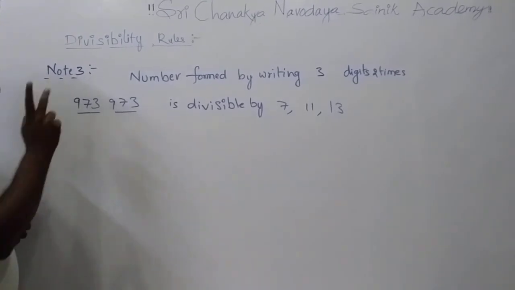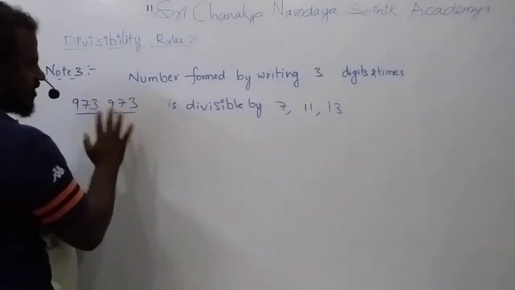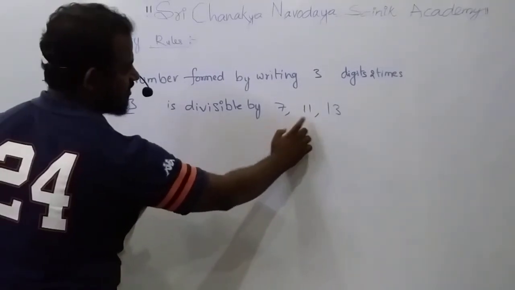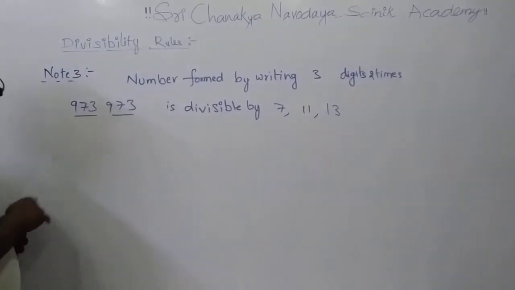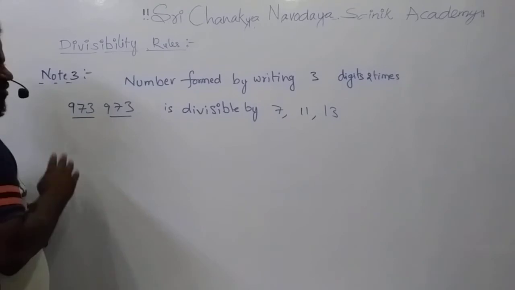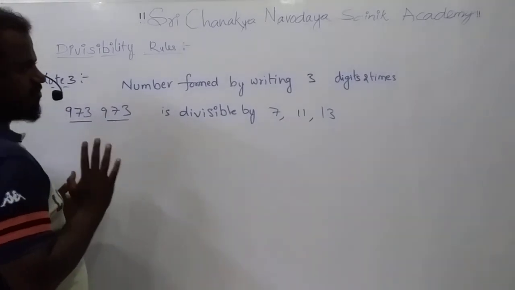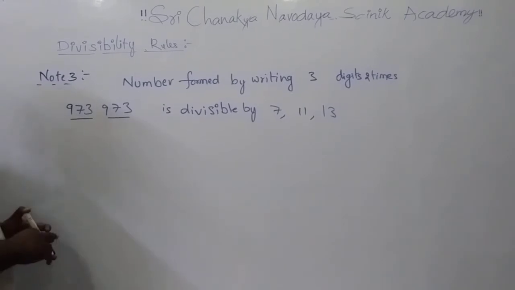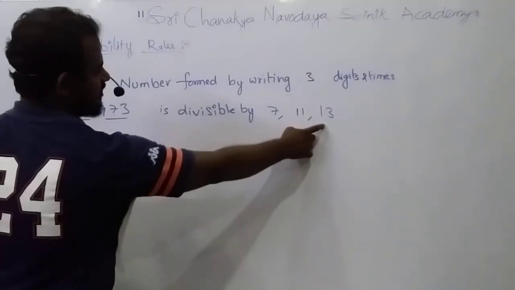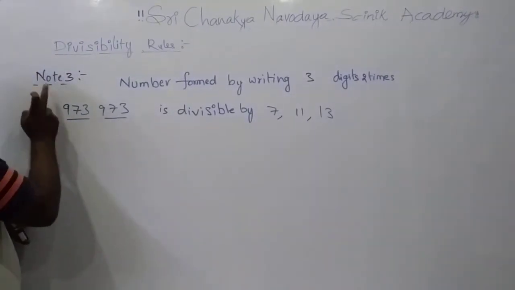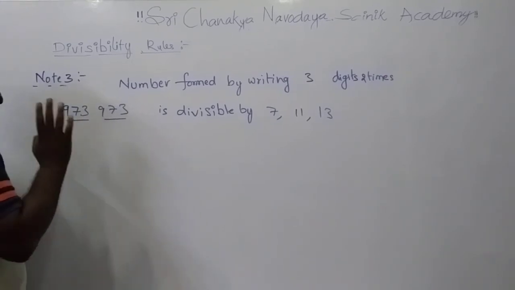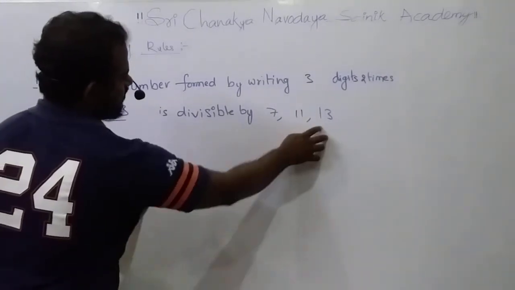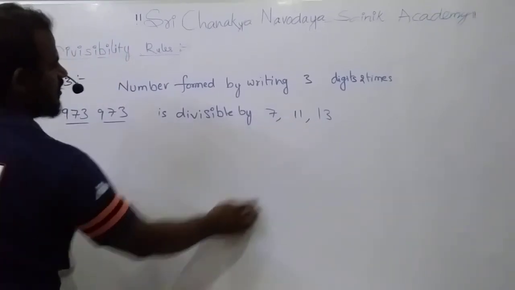Whatever number is formed using note 1 and note 3 is divisible by 7, 11 and 13. Only for note 2, the second important point, numbers formed are divisible by 7 and 13 only. But note 1 and note 3 pattern numbers are divisible by all three: 7, 11 and 13.